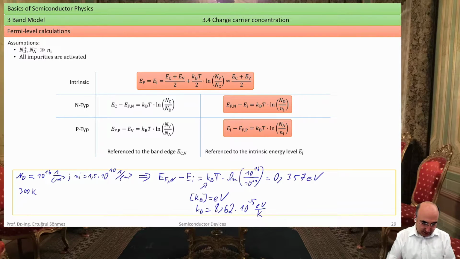Okay, so 8.62 to the power of, no, not space, the power of minus 5, 8, return.